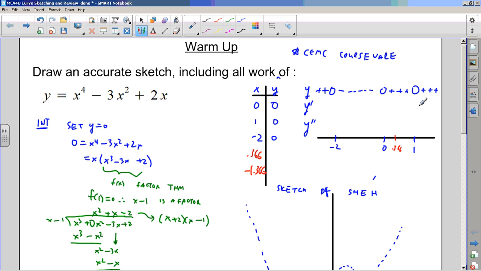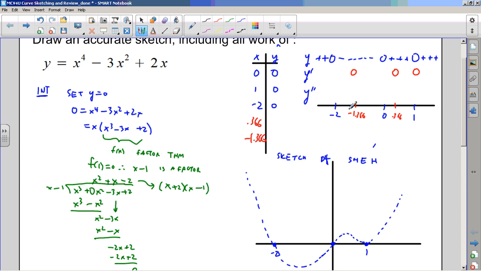Remember, it was also 0 here, right? 0 here. And at negative 1.366 was 0 there. And that gives us our intervals of increase and decrease. What do I mean by analyze?